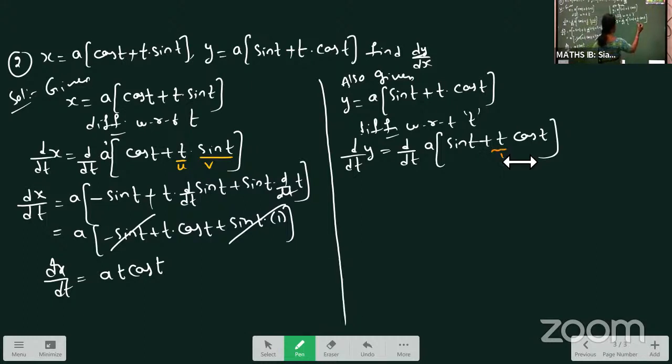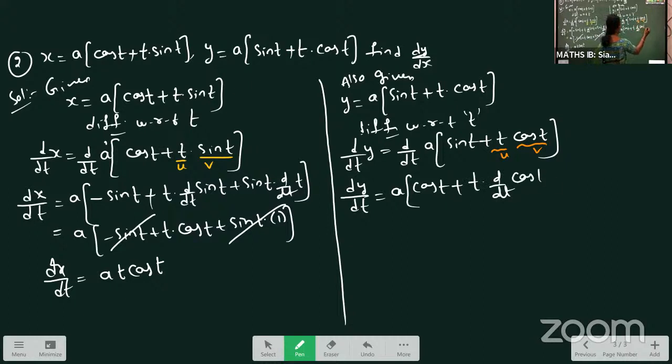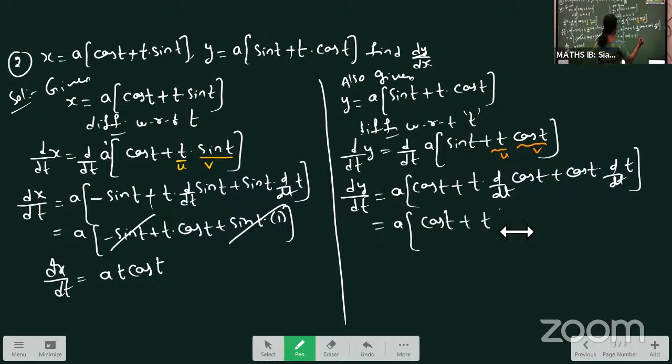Take one as u and the other as v. Apply the UV rule inside. Derivative of y is dy by dt, a is constant, d by dt of sin t is cos t, plus apply UV here: t into d by dt of cos t plus cos t into d by dt of t. So a into cos t as it is plus t into derivative of cos t, which is minus sin t.